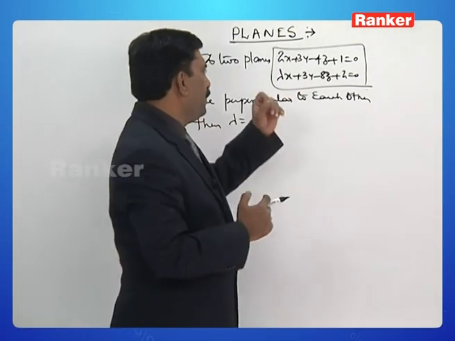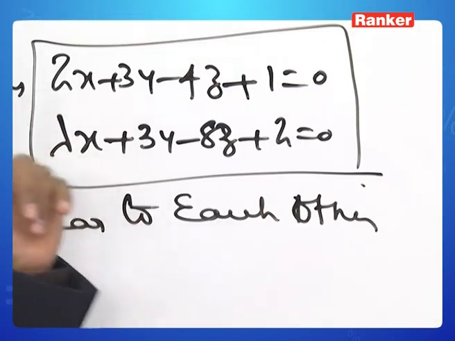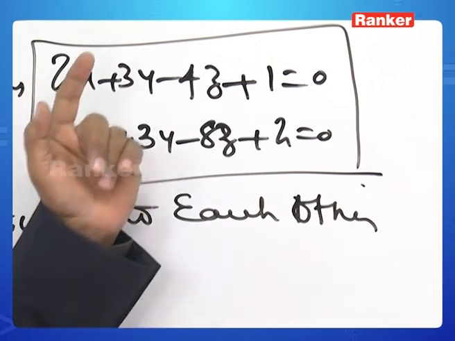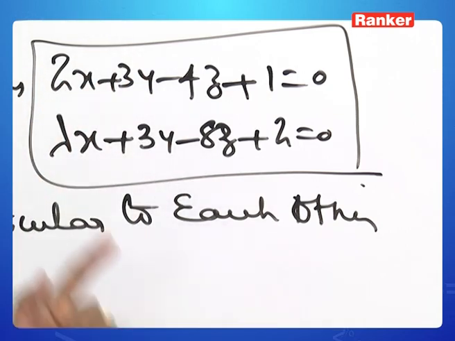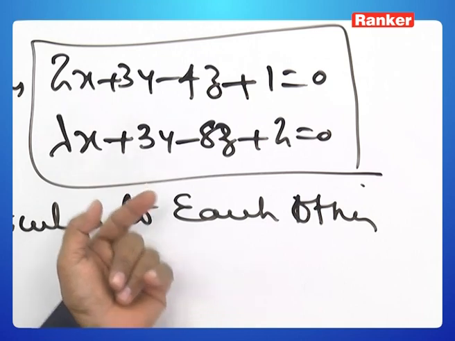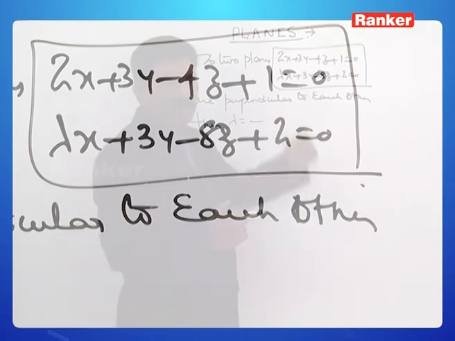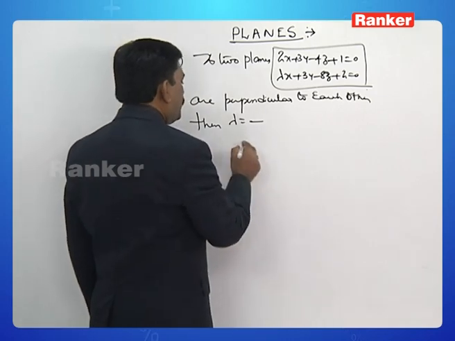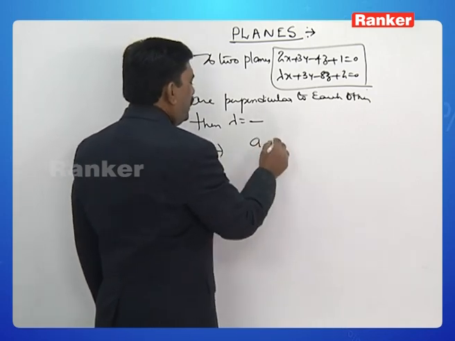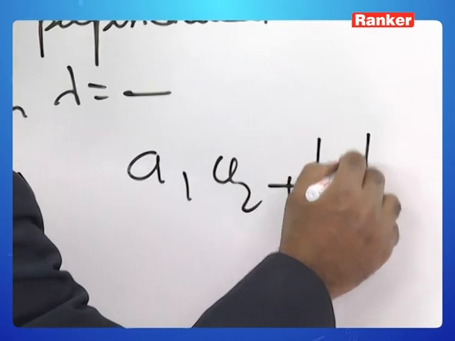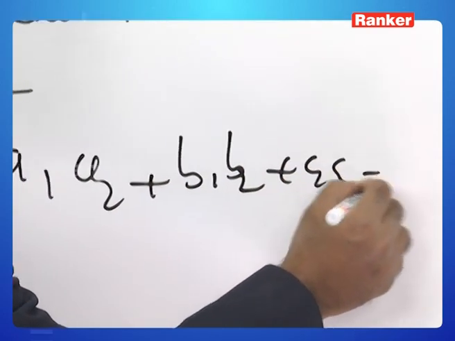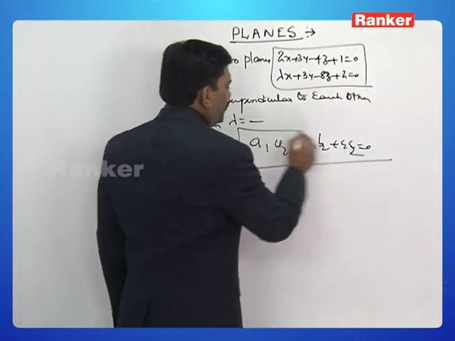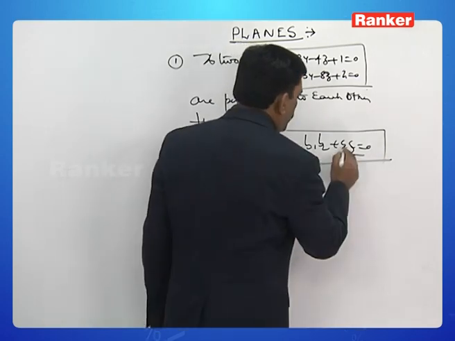So if they are perpendicular, I can write a1 a2 plus b1 b2 plus c1 c2 is equal to 0.